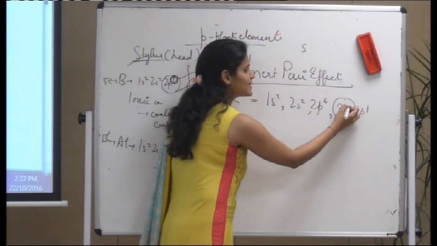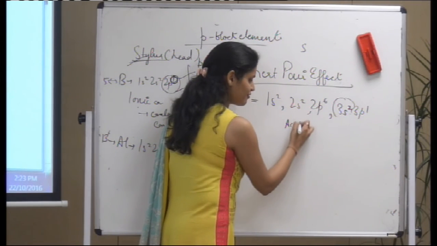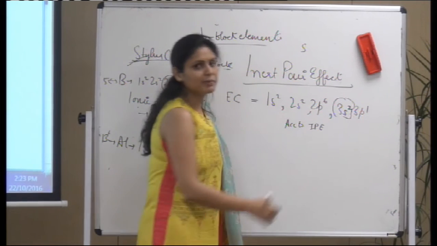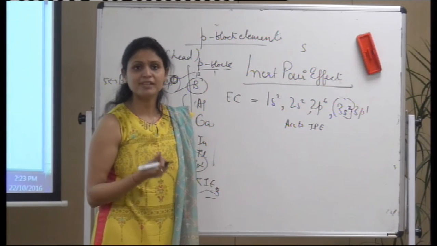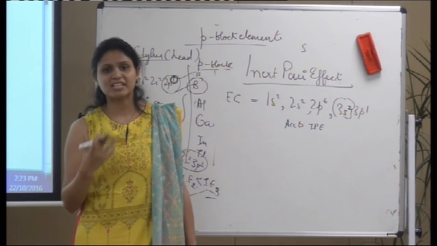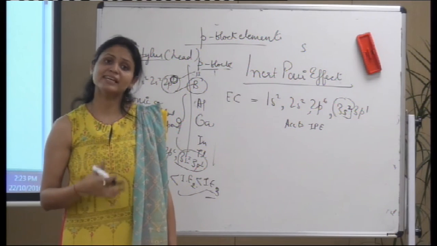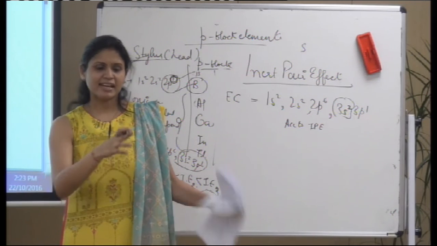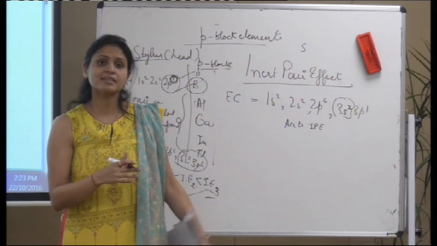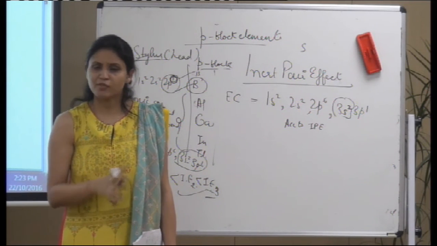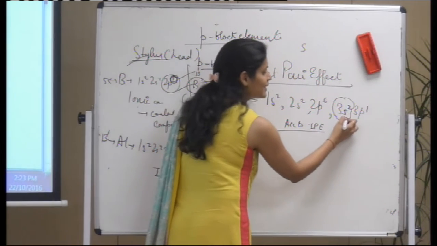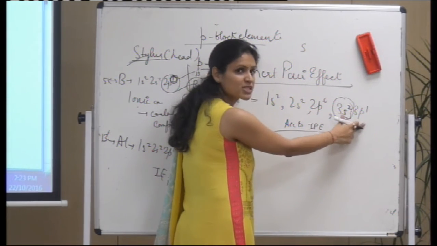According to inert pair effect, IPE, the completely filled orbital would prefer to stay inert and does not participate in the bonding. That means it refuses, saying I will not participate in the bonding because I am much more comfortable in this complete form. So this is called inert pair effect when the complete orbital refuses to participate in the bonding.